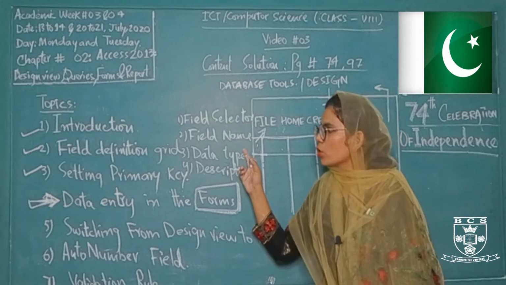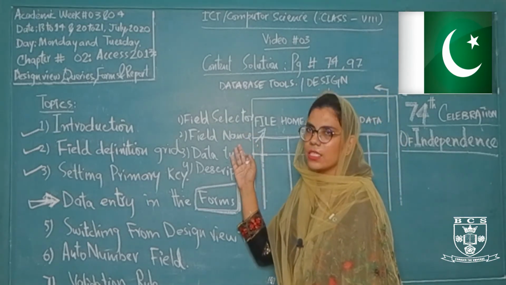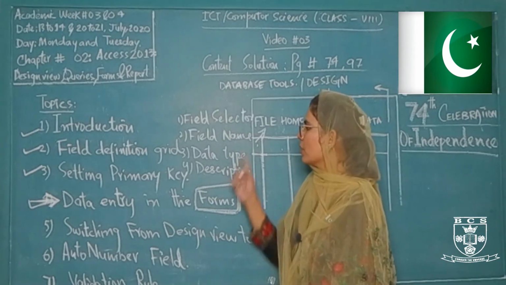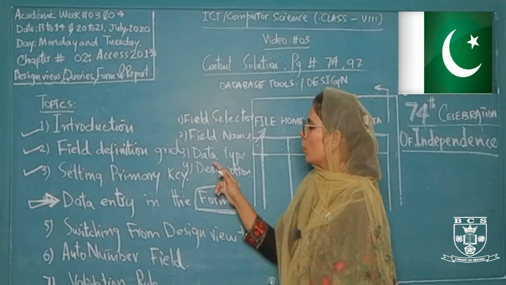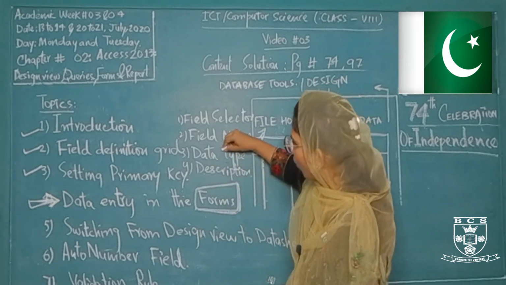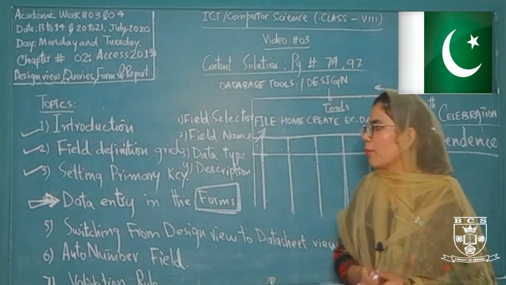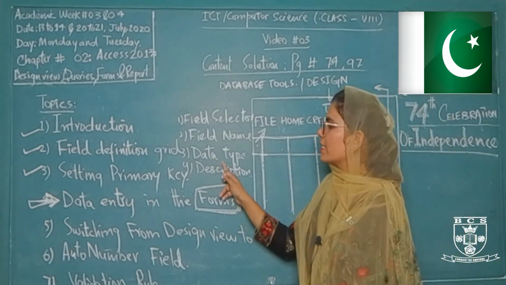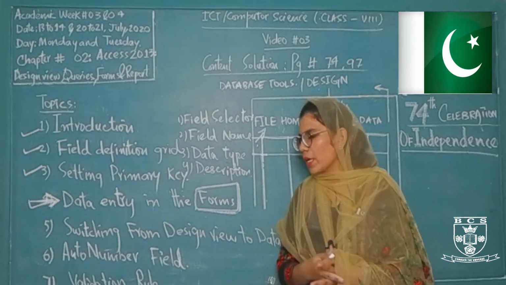With the help of this option, we have to list down the different fields that we are using in this particular table. Third one is your data type. By default in design view, whenever we have any table in the design view, we have the short text data type assigned to our field, but it can be changed as per our need.